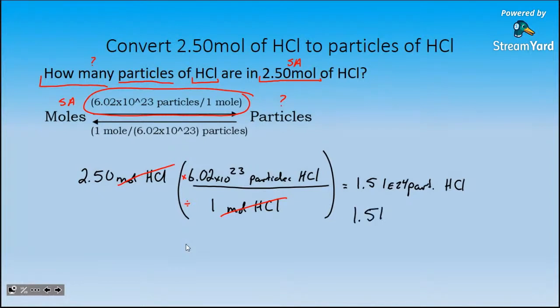Again, you could just as easily write this as 1.51 times 10 to the 24th, and then particles of HCl. Either one is correct. So that is going from moles to particles.